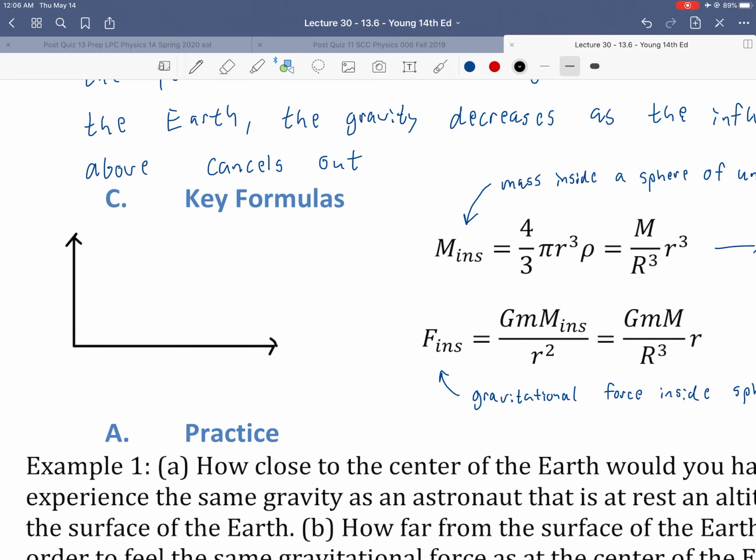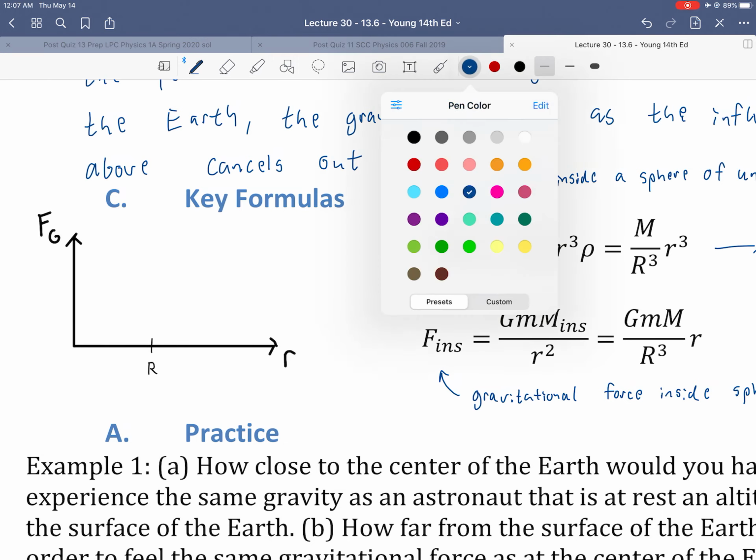So if I have a graph that has the force of gravity on the vertical axis and the radius on the horizontal axis, then we can imagine a point where little r equals big R. That's right where we get to the surface.